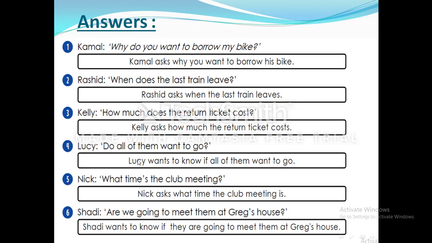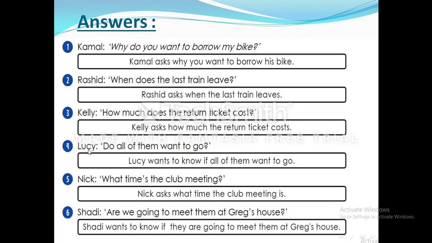Okay. Number 4. Lucy: do all of them want to go? What is the difference between this one and the others? Here, it's not a WH word question. It's a yes or no question. We do not have what or where or how or who or why. So we have here an auxiliary verb. Listen and look carefully.